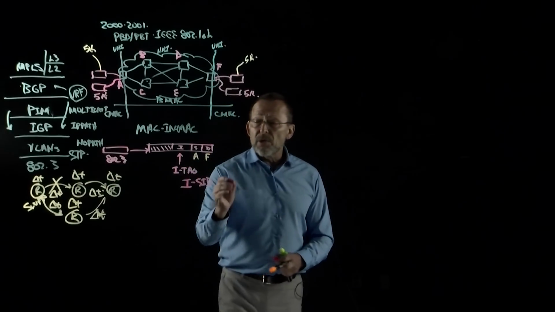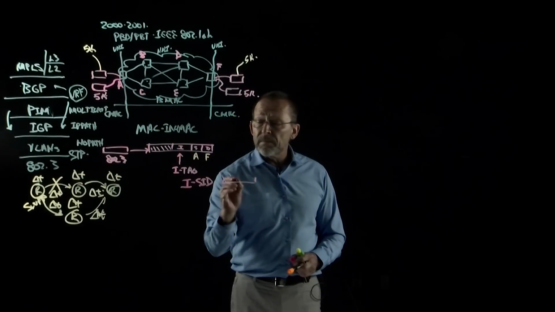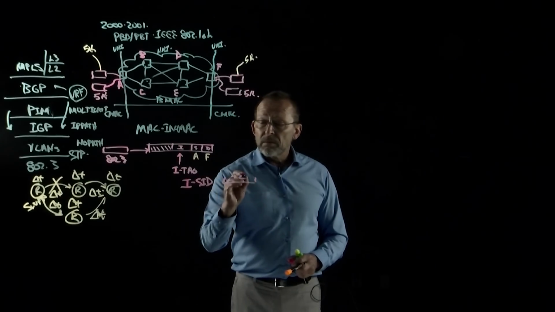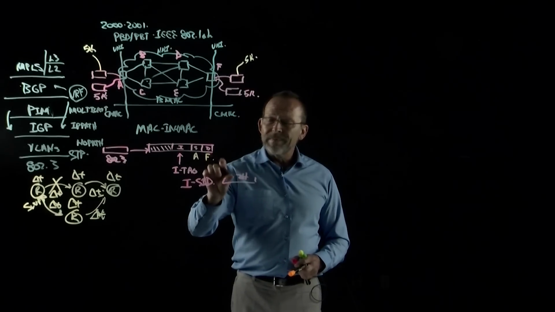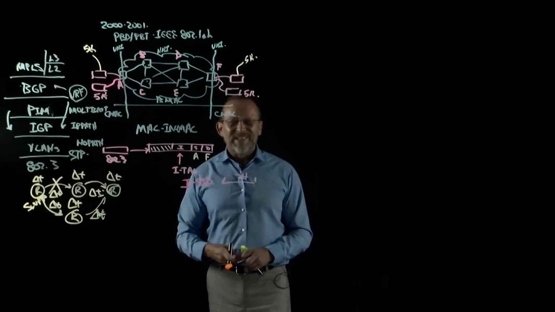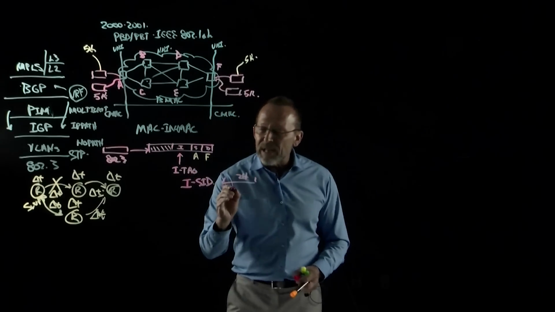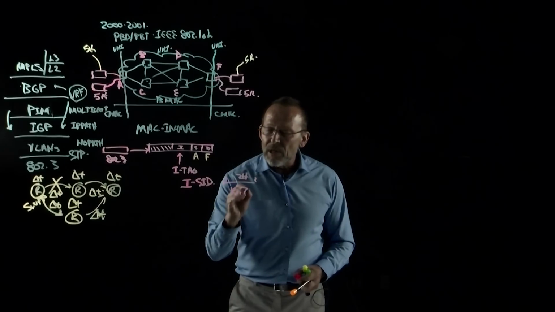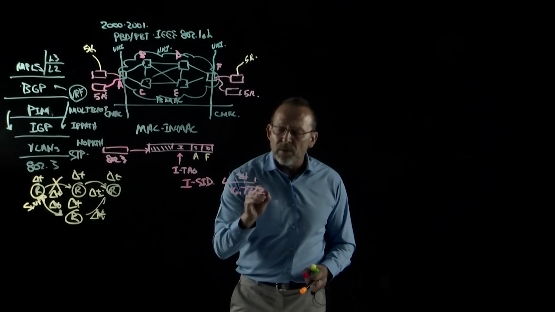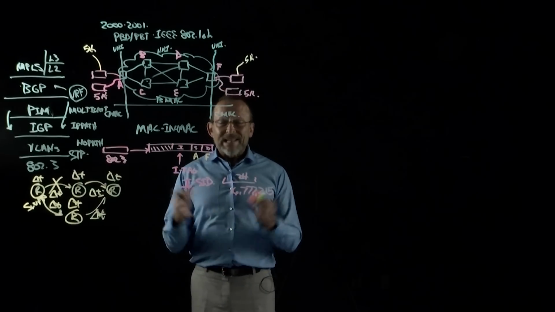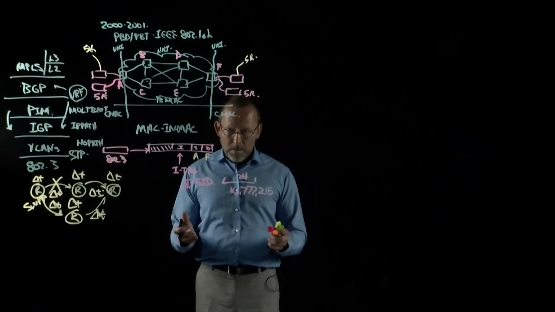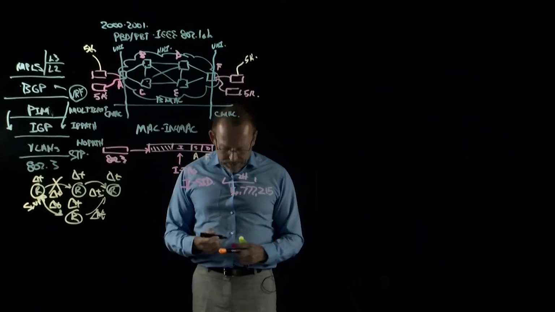The I-SID uses a 24-bit field, and that 24-bit field allows us a numerical count of 16,777,215 in a flat service space. That's an immense amount of scale, an immense amount of capacity.